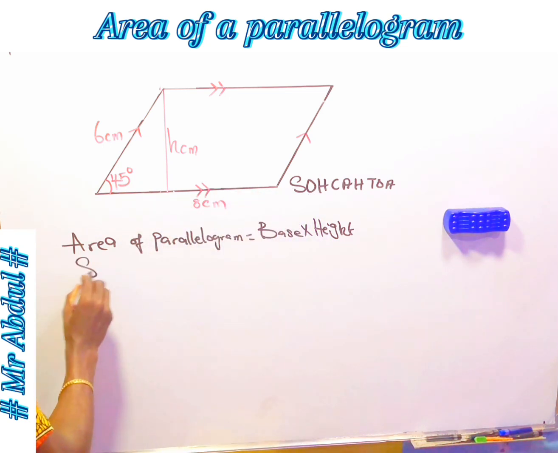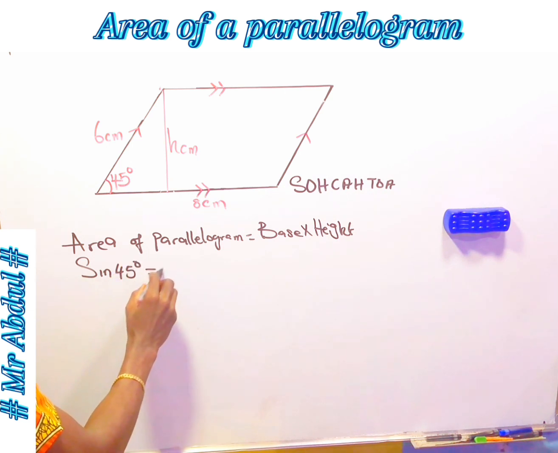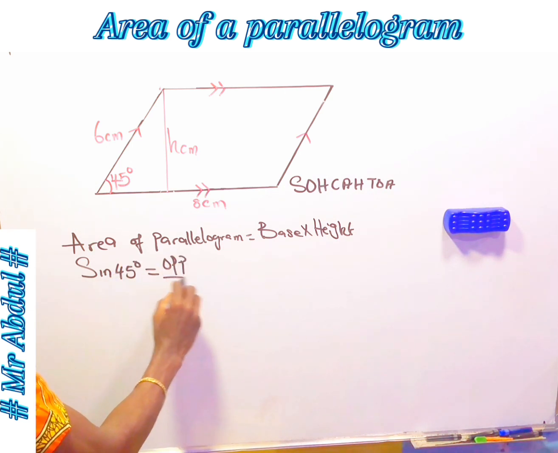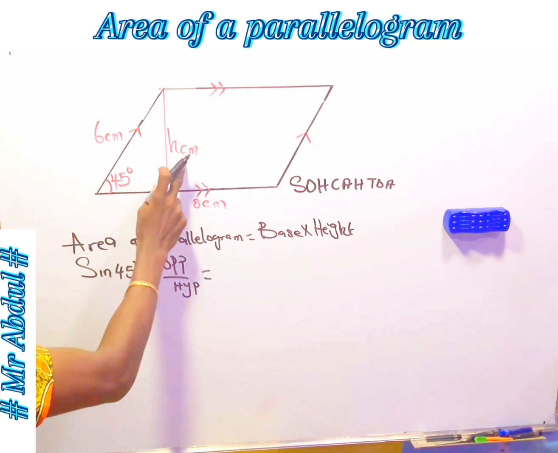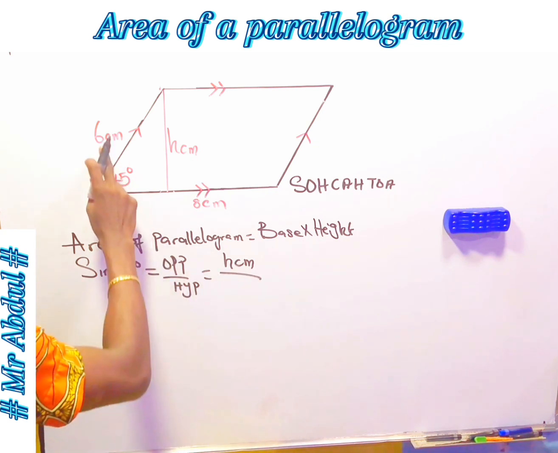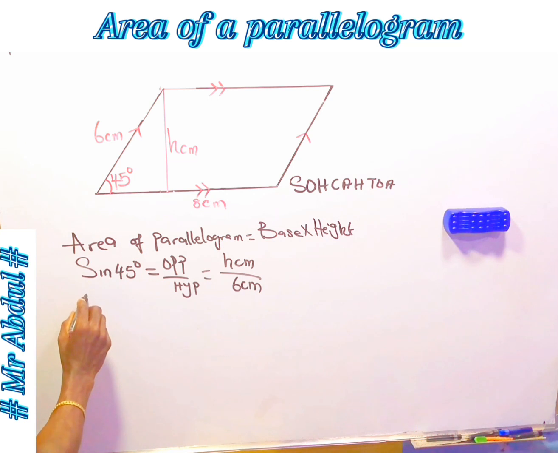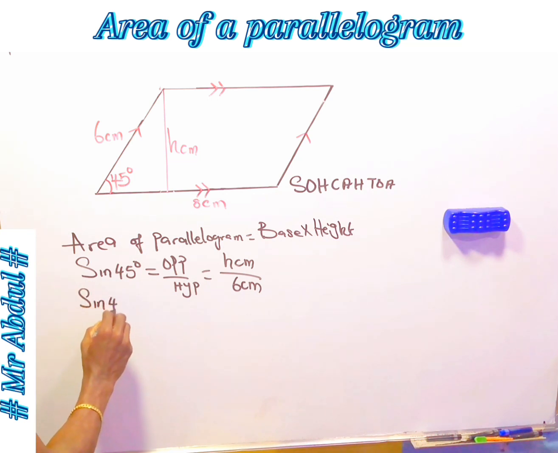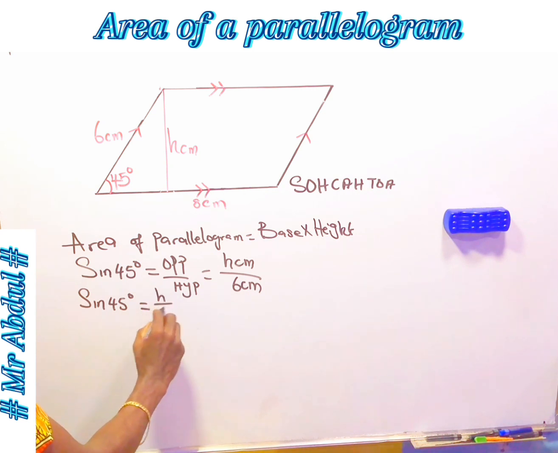So we say sine 45 degrees is equal to opposite over hypotenuse, where our opposite to 45 degrees is h in centimeter over hypotenuse, which is 6 centimeter. Therefore, sine 45 degrees is equal to h over 6 centimeter.